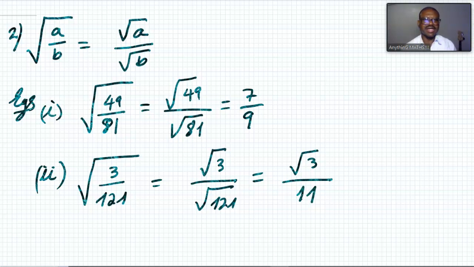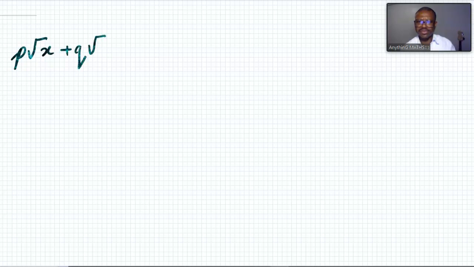We're going to look at how to add surds and do subtraction as well. Now, how do we add surds? Let's look at a general example. So, p root x plus q root x.